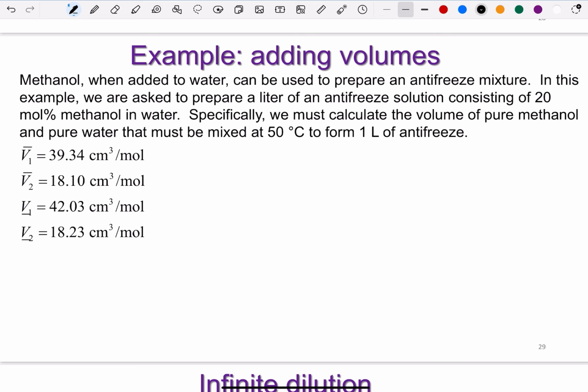Can you calculate the molar volume of the mixture? What do you need to calculate the molar volume of the mixture? If you want to write an equation, give the molar volume of the mixture in terms of the mole fraction, what is that relationship?